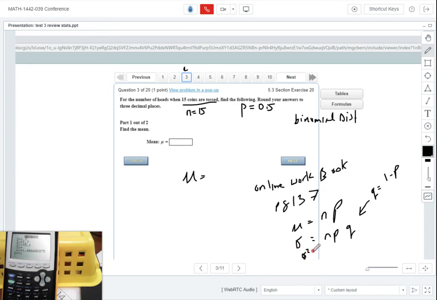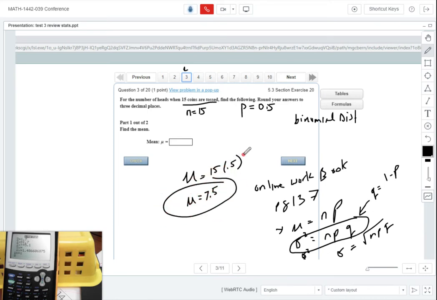And by the way, that's the variance right here, the formula for the variance. And the formula for standard deviation is the square root of n times p times q. So the formula for the mean for a binomial distribution is n, which is 15, times a probability 0.5. So the mean is 7.5. 15 times 0.5.